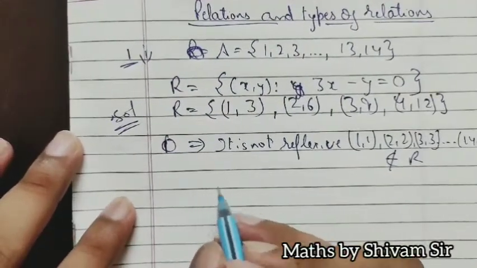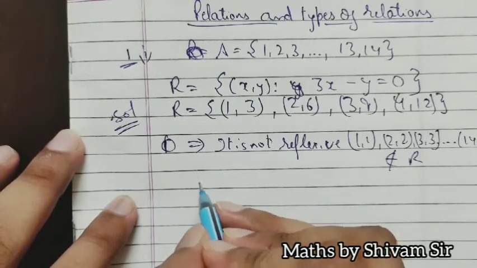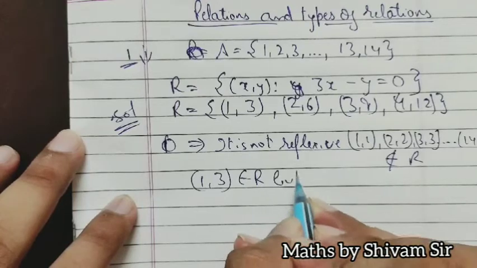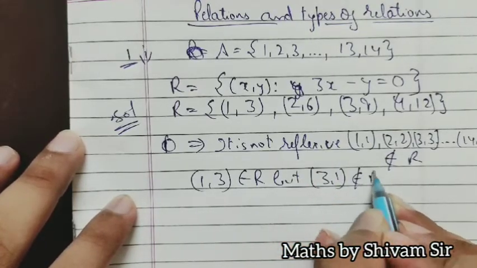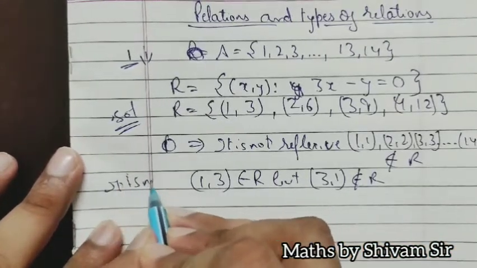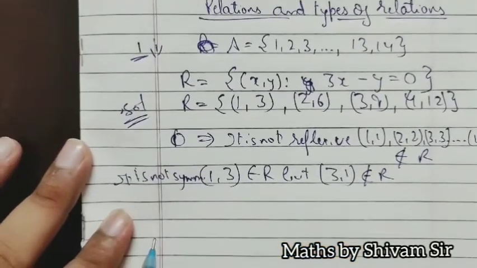Now let's check it for symmetric. R is also not symmetric, as (1, 3) belongs to R, but do we have (3, 1)? (3, 1) does not belong to R, so it is not symmetric.